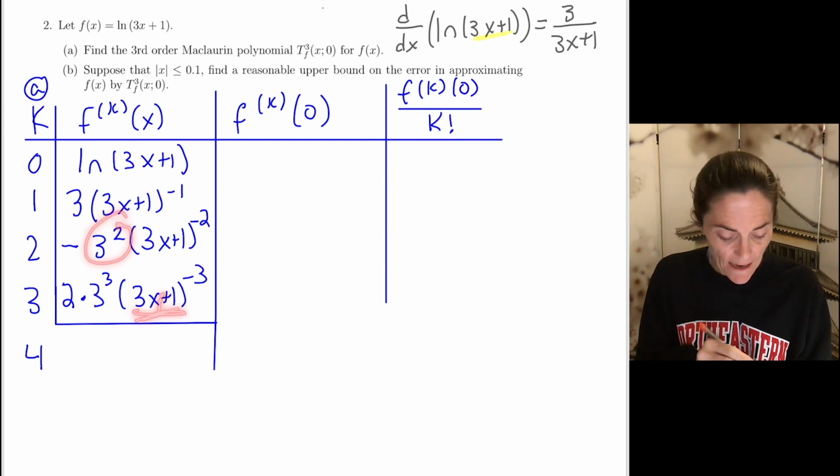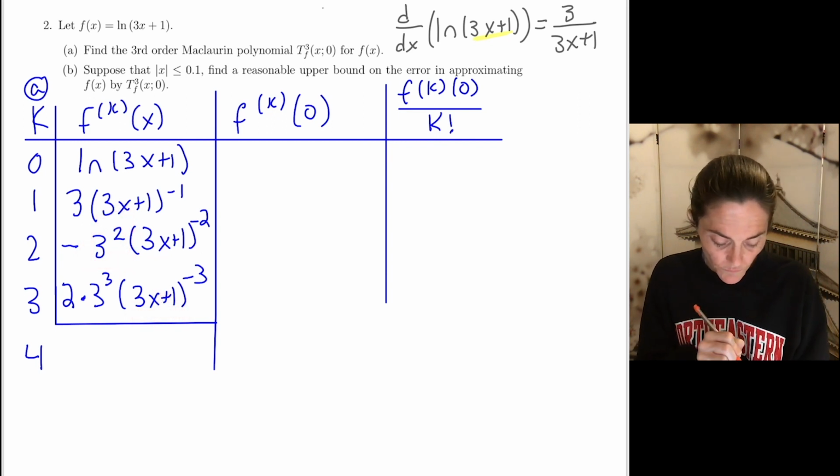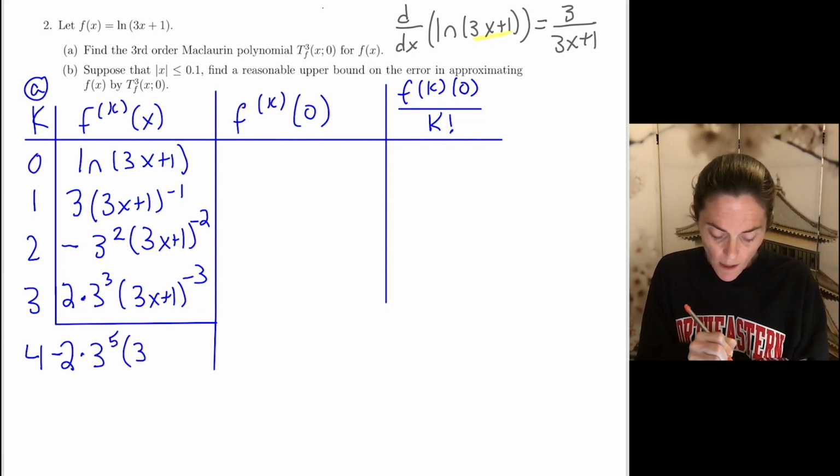Now, I just have one more derivative here. We have the 2. First of all, it is going to be negative. Bring down the power will be, let me just write it and we can talk about it, minus 4.